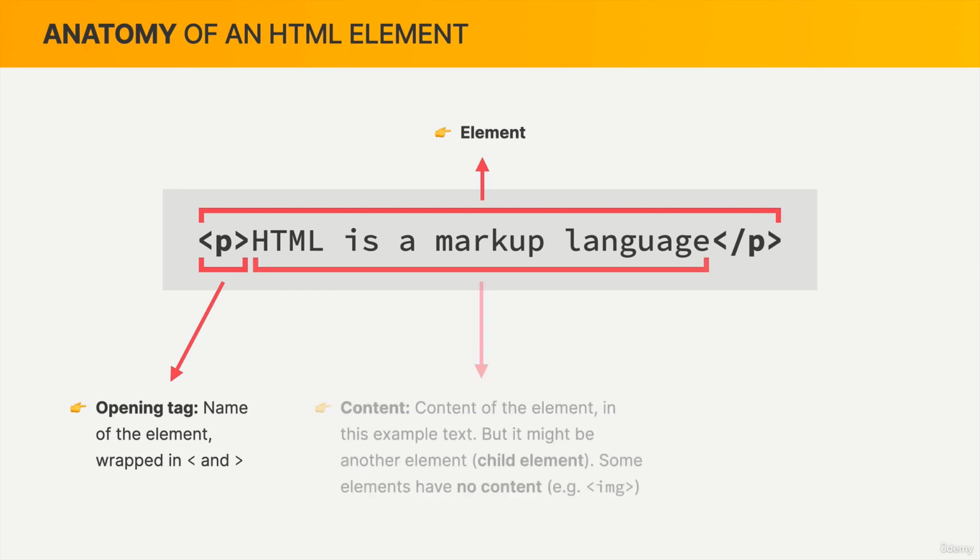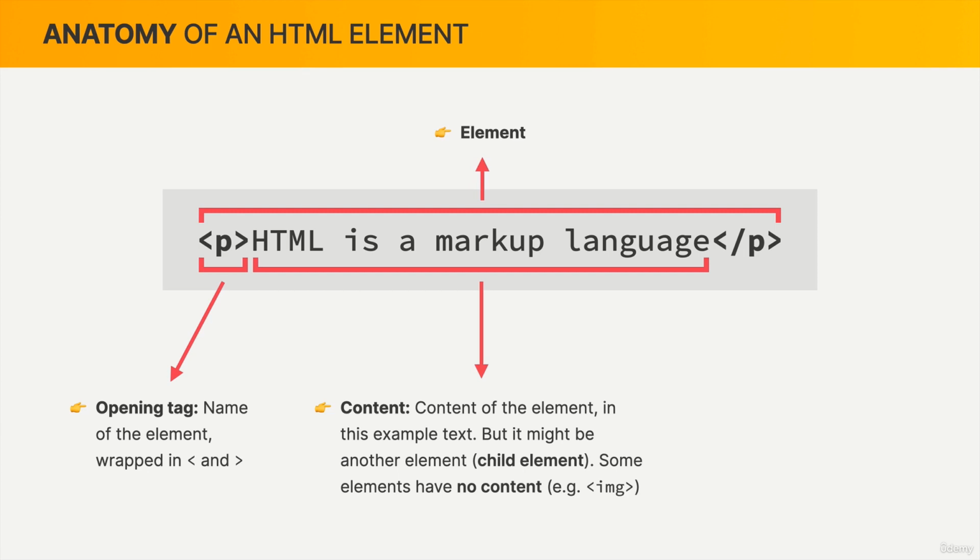Then after that, we have the content of the element. In this example, that is just text, but there might be other types of content. For example, an element can contain another element, which we then call a child element. Also, some elements, such as images, have no content at all and have only an opening tag.